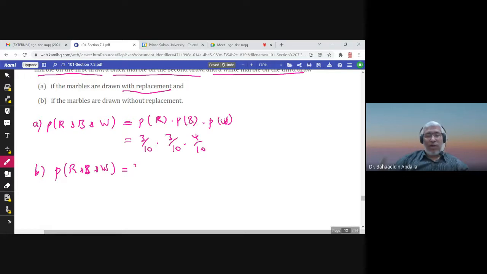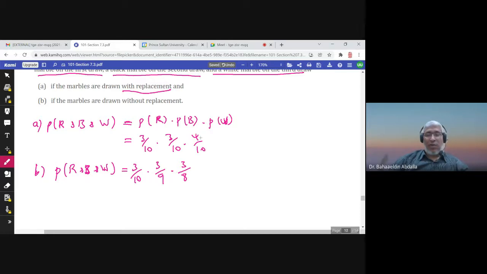Probability of R is 3 over 10. But now black in the second would be 3 over 9. White on the third would be 3 over 8. Okay, so that's the probability.